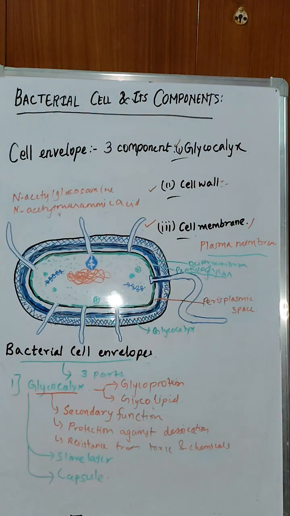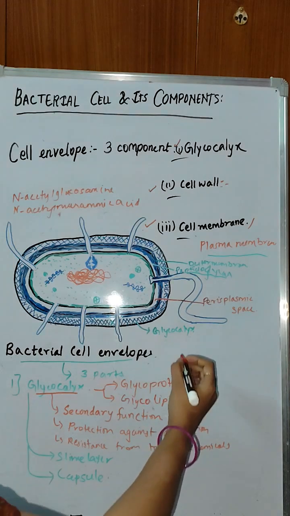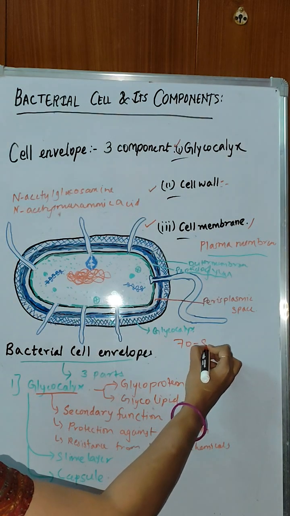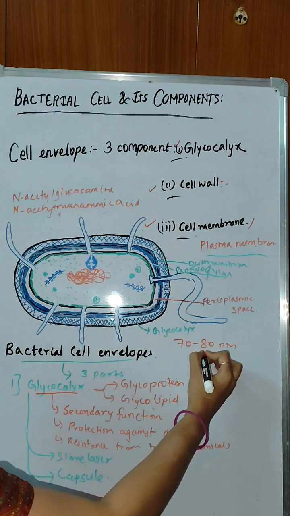Now this peptidoglycan layer varies according to the bacteria. If the bacteria is gram-negative, then the peptidoglycan layer will be very thin, about 10 to 20 percent in gram-negative bacteria. But if the bacteria is gram-positive, then the peptidoglycan is about 70 to 80 nanometer thick.